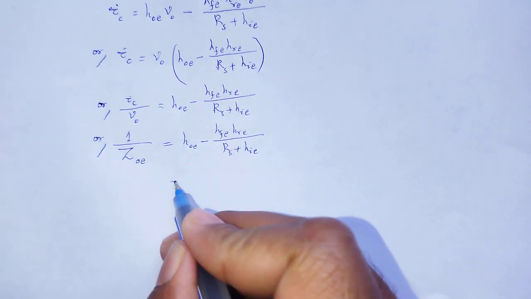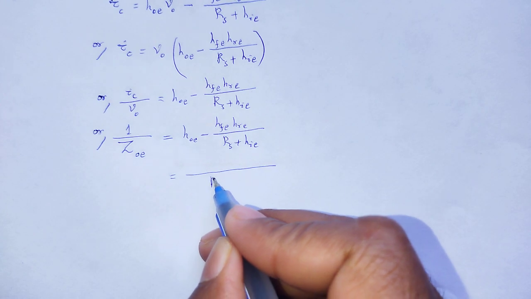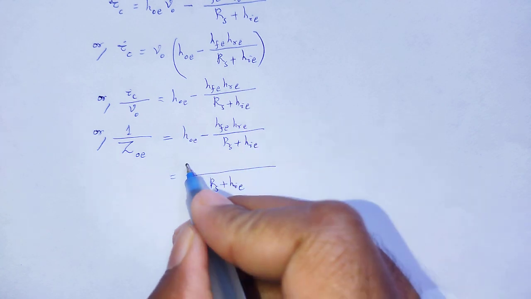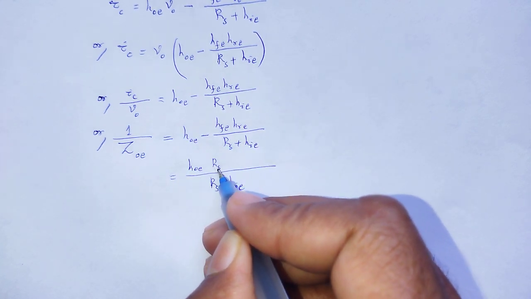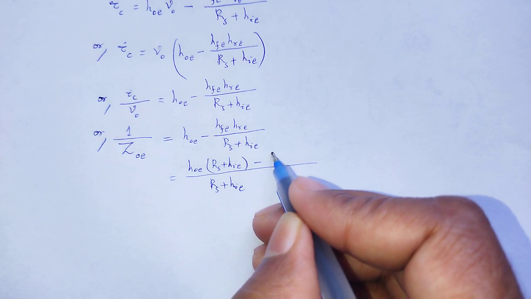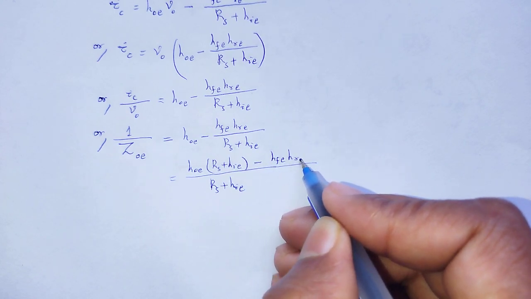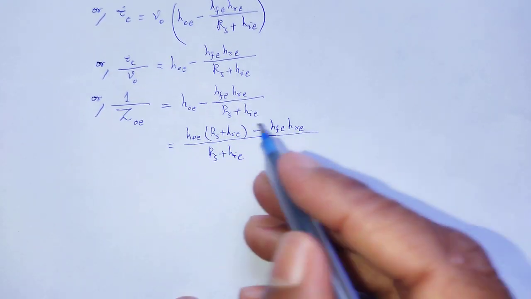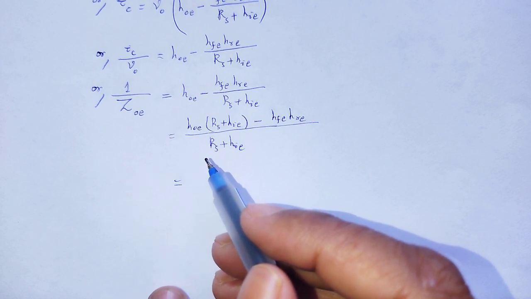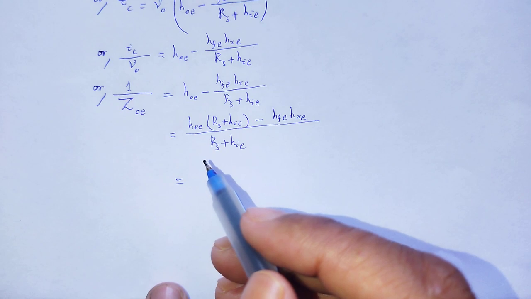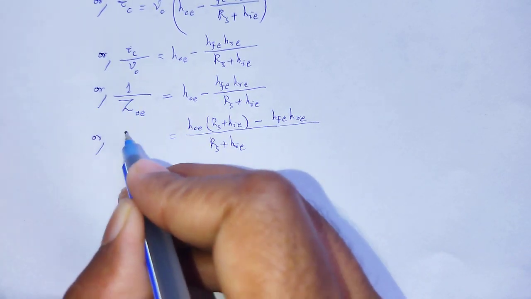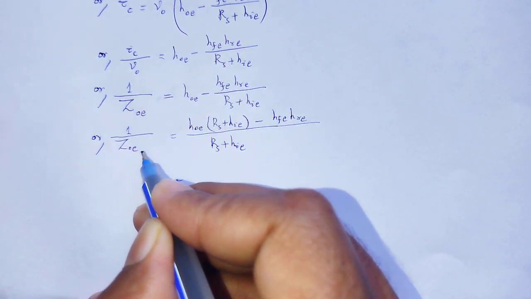Taking LCM, RS plus HIE, multiplying on the first term, HOE whole into RS plus HIE minus HFE HRE, under simplification we obtain 1 by ZOE.